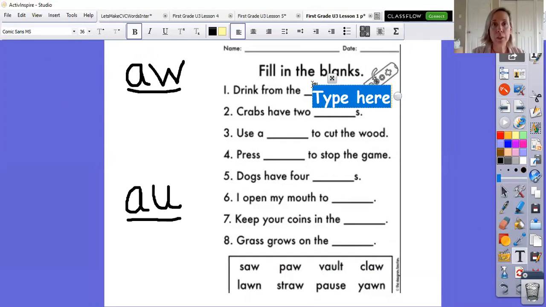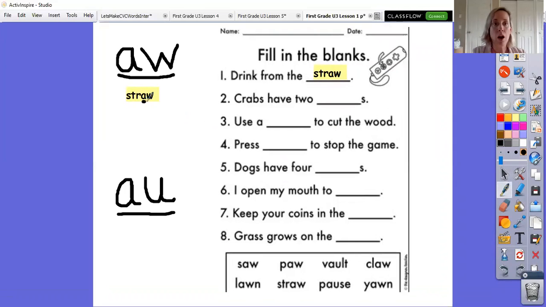Let's see if we can make it a little bit smaller. Straw, okay? And again, I'm going to write it over here. There's the AW, I'll underline it. That has the aw sound, okay?